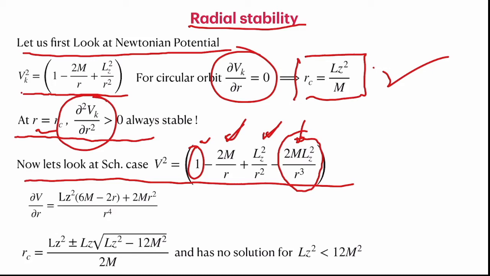So other than that, any other potential will not give you a stable circular orbit at every point in space. So this means that we are losing that because of adding this small term. So one way is to find approximate solutions by taking this quantity to be small, and you can perturb and get the solution to the relativistic case.